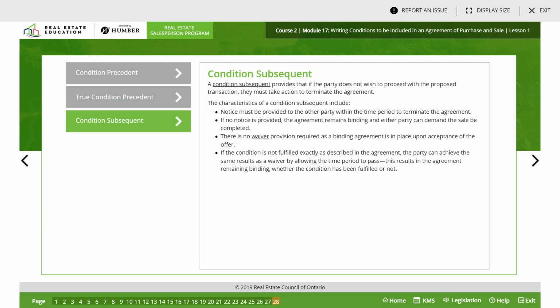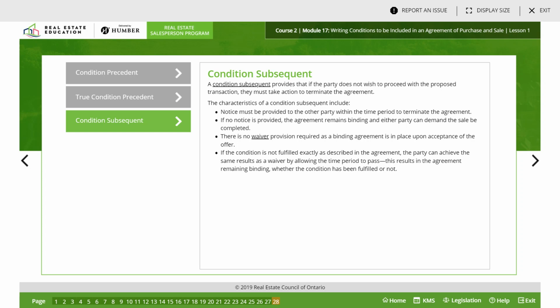And a condition subsequent. A condition subsequent provides that if the party does not wish to proceed with the proposed transaction, they must take action to terminate the agreement. The characteristics of a condition subsequent include: notice must be provided to the other party within the time period to terminate the agreement. If no notice is provided, the agreement remains binding and either party can demand the sale be completed.